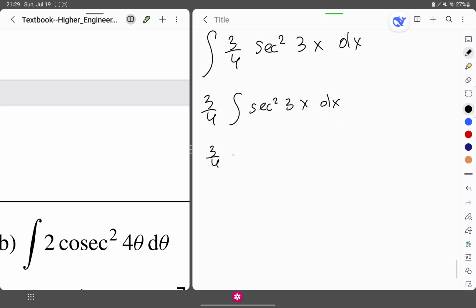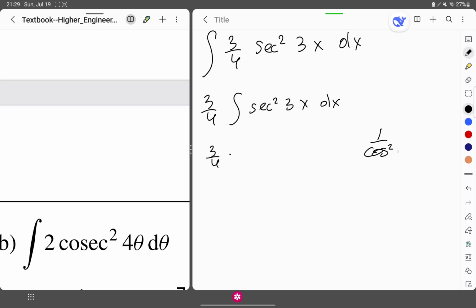3 over 4 times secant is what? Secant is 1 over cosine, yes. And the integral of 1 over cosine square is tan.